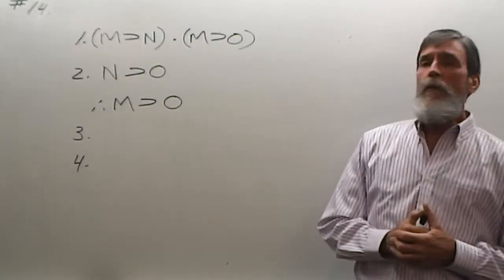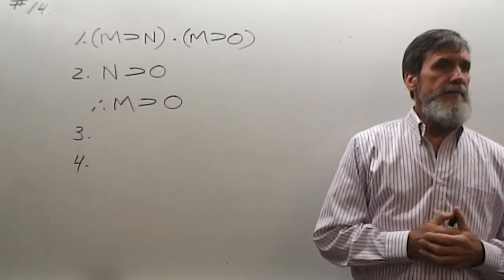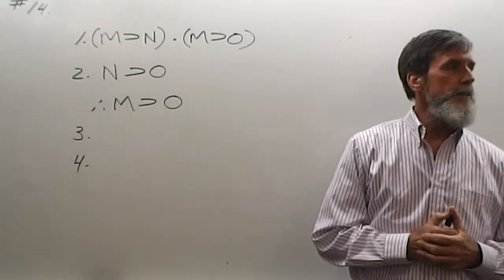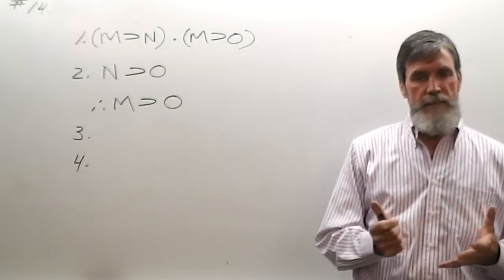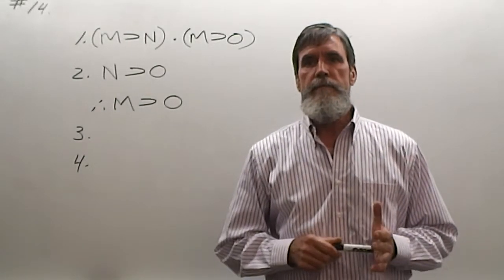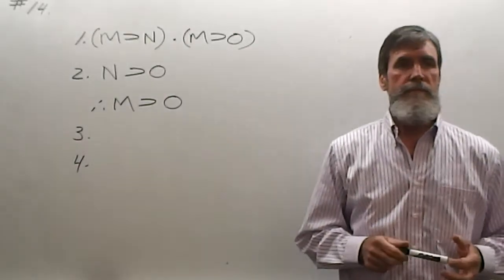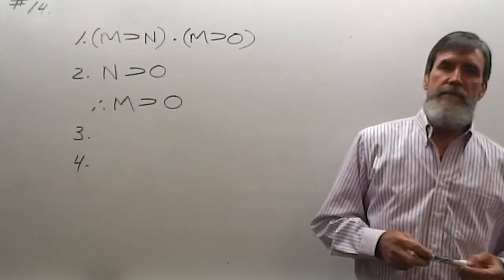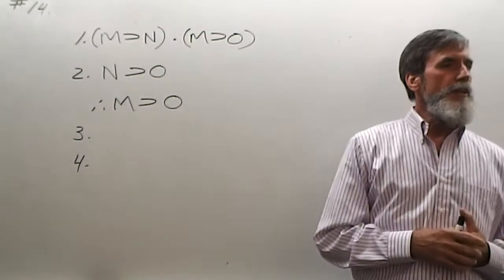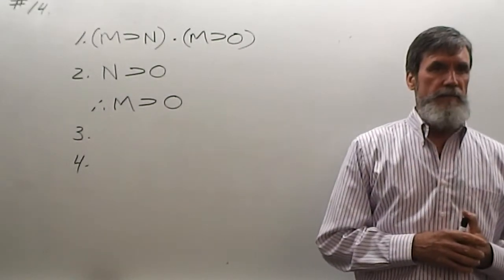Okay. Line 1 is also a conjunction. And we only have 1 rule of inference that uses a conjunction as a premise. What is it? Simplification. Now, there's only 1 premise of simplification, so if you have it, you know exactly what the conclusion would be.